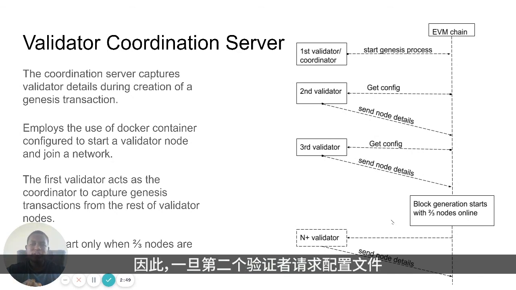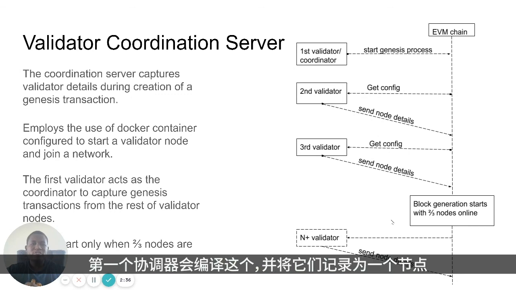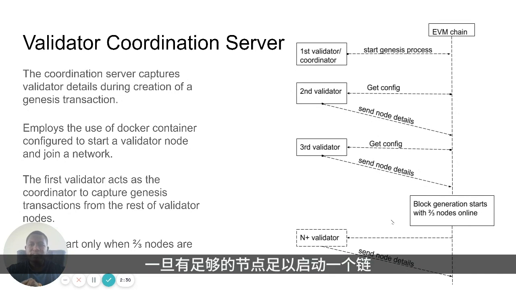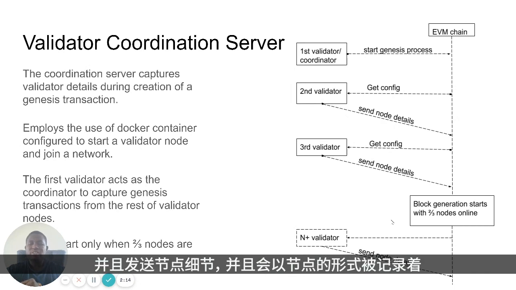So once the second validator requests a config file, they are able to also generate their own transaction, and once they generate this, they send it to the first coordinator, and the first coordinator compiles this and records them as a peer. Once enough peers needed to start the chain are online, which is 2 out of 3, the sidechain will start block generation, and thereafter any validator who joins just simply asks for the config file, and they send their node details and are recorded as peers.